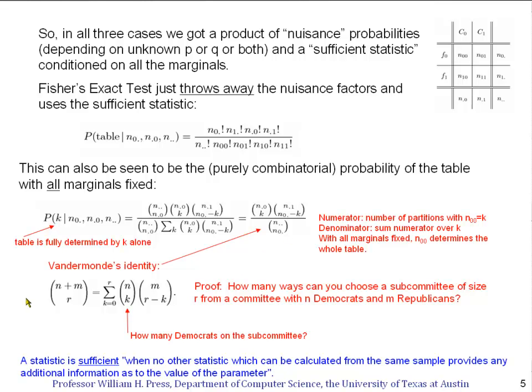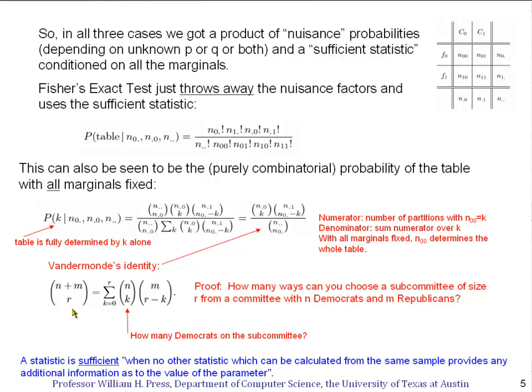I'm not even going to prove Vandermonde's identity for you in any formal way, but I can prove it for you in words. How many ways can you choose a subcommittee of size r from a committee that already has n Democrats and m Republicans? Well, obviously on the left-hand side, it's the total number of candidates choose r.